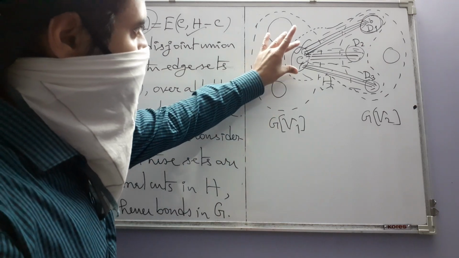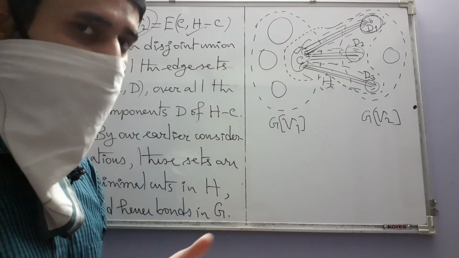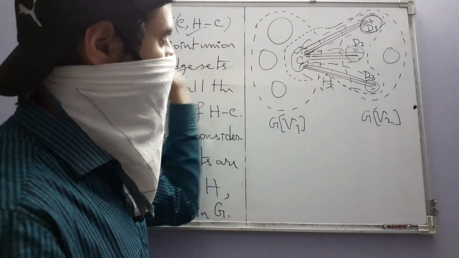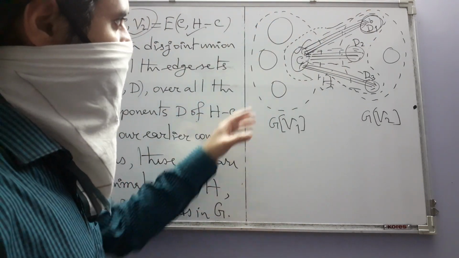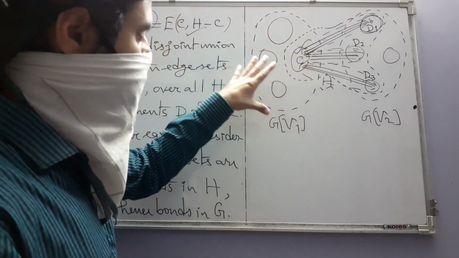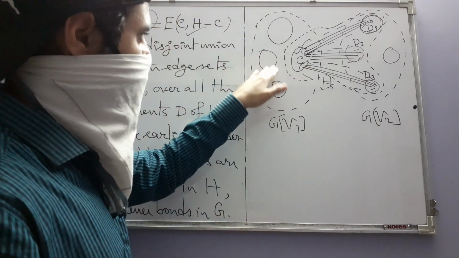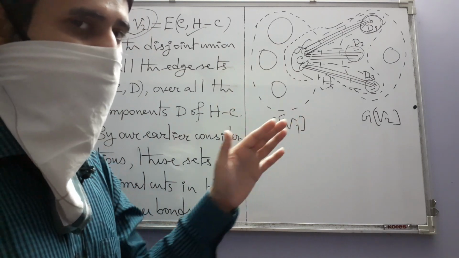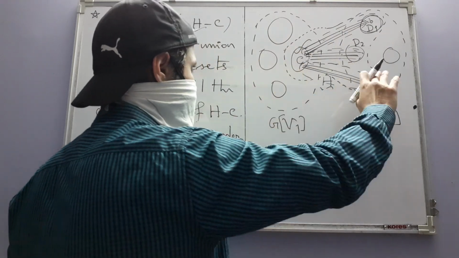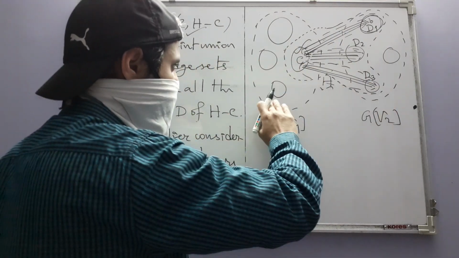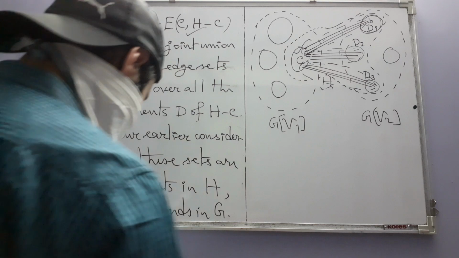That is, instead of considering only this component, you consider similarly the other components also. That is going to give you all the possible edges between this side and that side. And you can clearly see that the union of the bonds is disjoint, and that you are in fact considering all the edges between this part and that part. So that's the next thing the author writes.